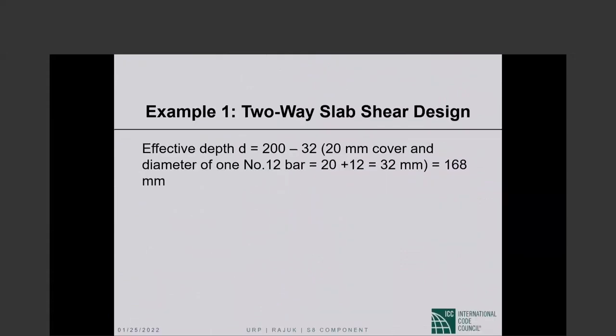The effective depth for 200 millimeter total thickness is 168 millimeters. We take away 20 millimeters of clear cover and the diameter of one number 12 bar. This itself is kind of significant. We are not taking away half a bar diameter, but a full bar diameter, because in a two-way slab we have two layers of reinforcement.